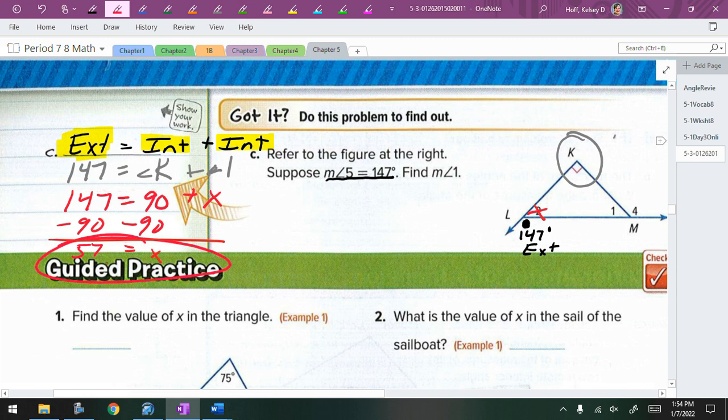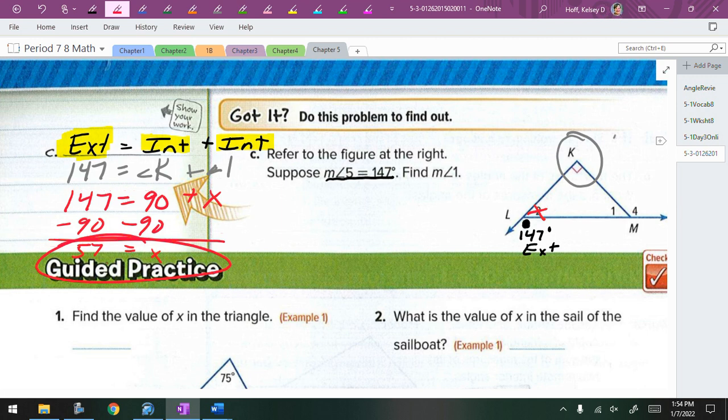And you are correct. But I always want you to set it up this way, because pretty soon this isn't just going to be a 90 and an X. It's going to be like a 3X and a 12X minus 5. Interior angles always add up to equal 180 degrees. Your exterior is equal to the two interiors added together that are not next to it.